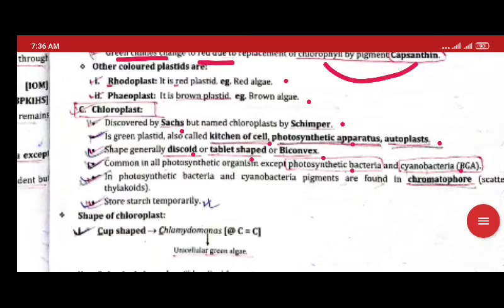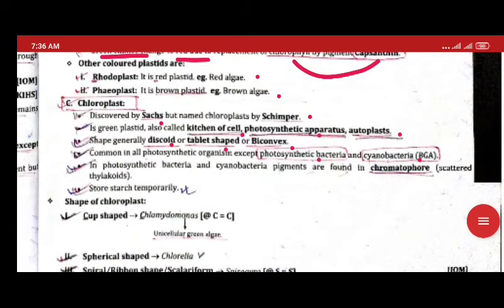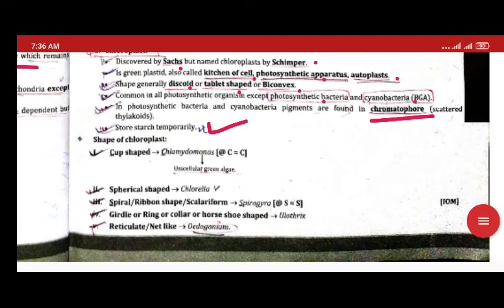In photosynthetic bacteria and cyanobacteria, what is found instead? Chromatophores, and that stores starch temporarily.